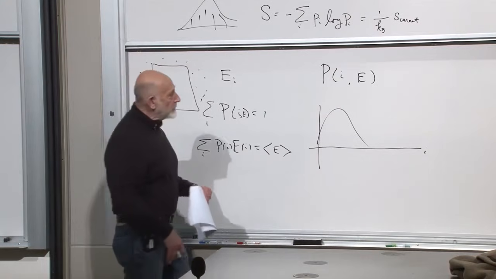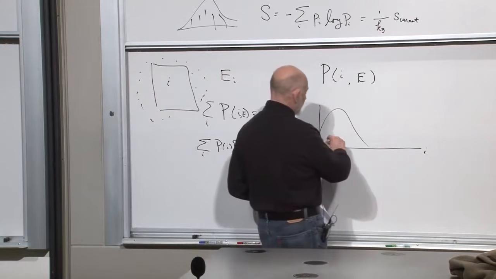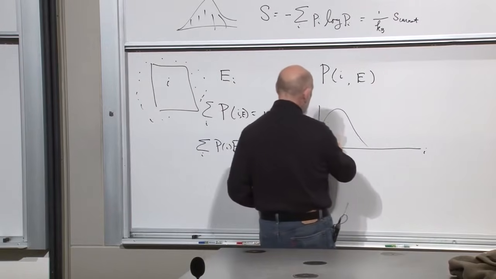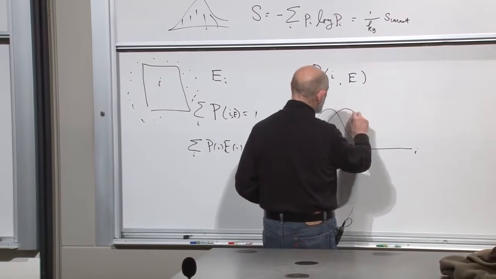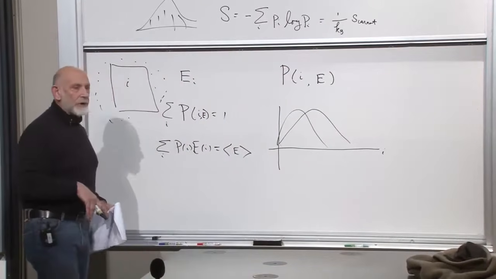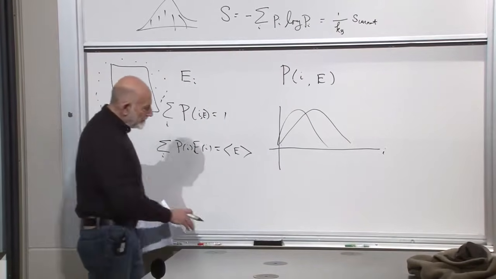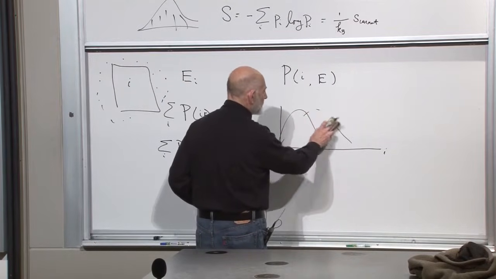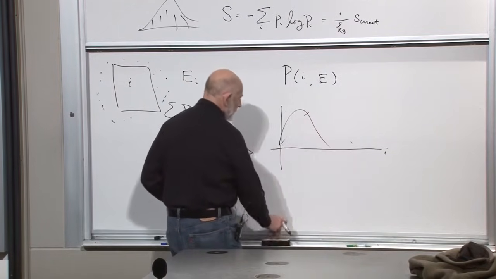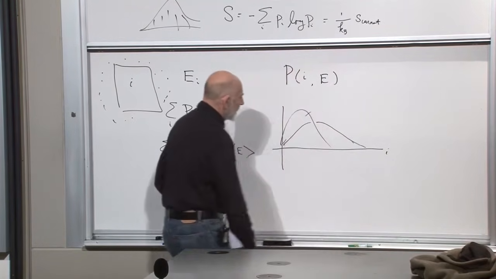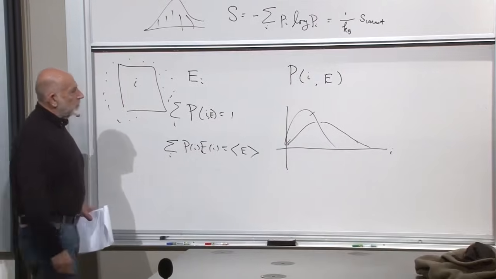If you change the average energy, if you change the energy of what's in the box, then the probability distribution shifts. Oh, I should draw it so that the area under it is always 1. The area under it, or the total probability, should always stay 1. So maybe like this. Which one corresponds to more average energy?